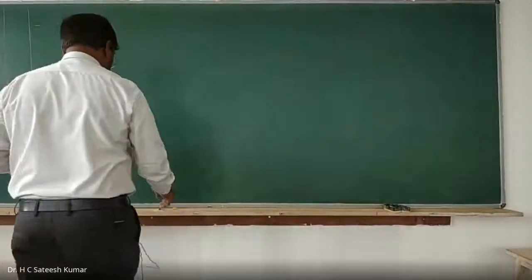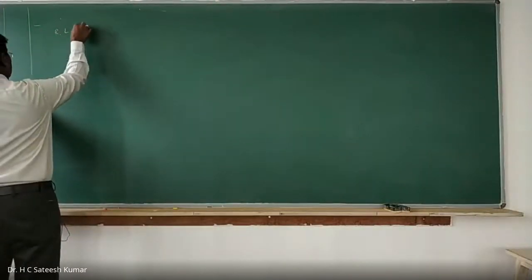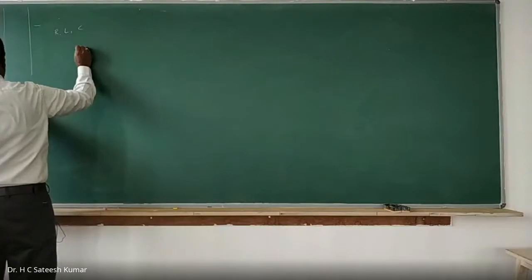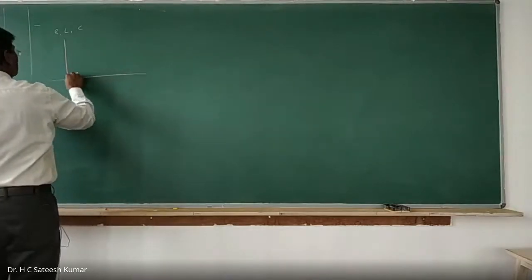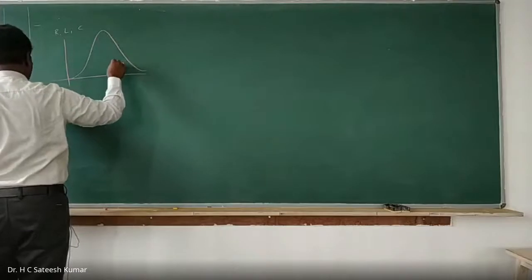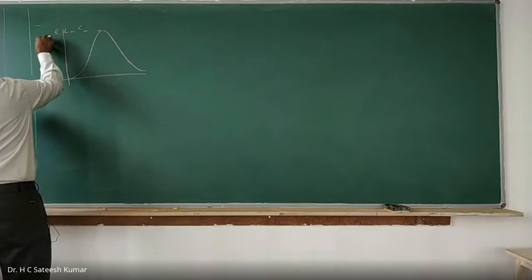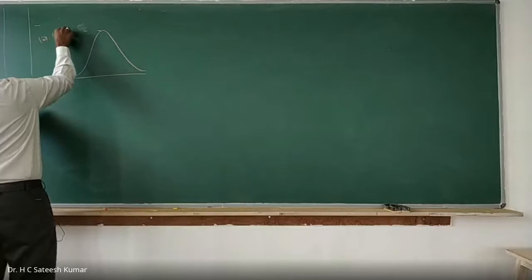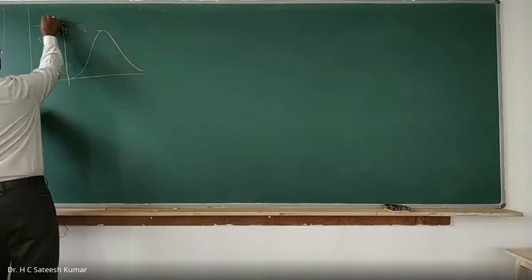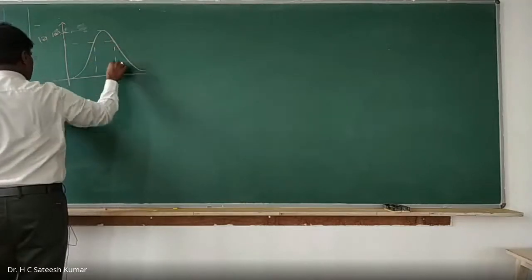Another examination question: determine R, L and C for the parallel resonant circuit given in the figure, for the response given in the figure. So he has given the diagram like this, for a parallel resonant circuit. The impedance at this point is 10 ohms. He has given the response, he has not given the value. This is the magnitude of Z.